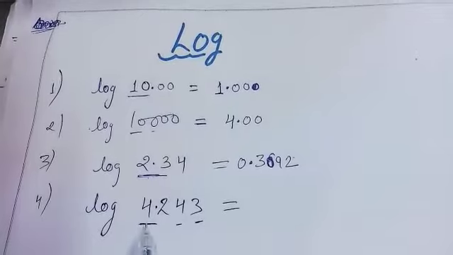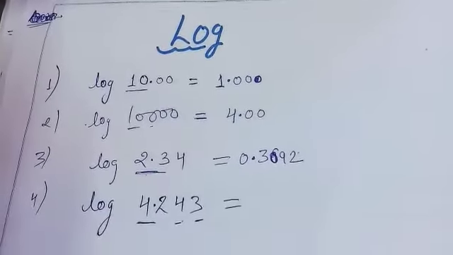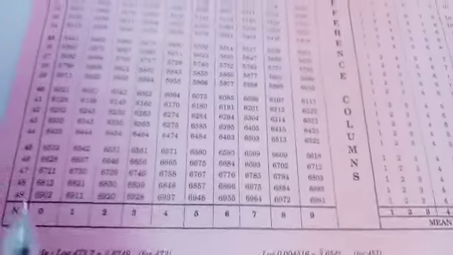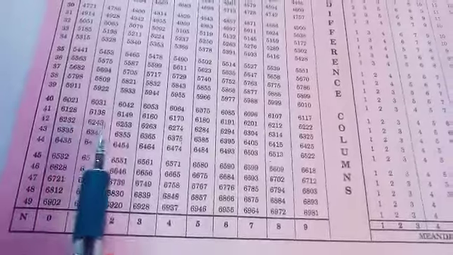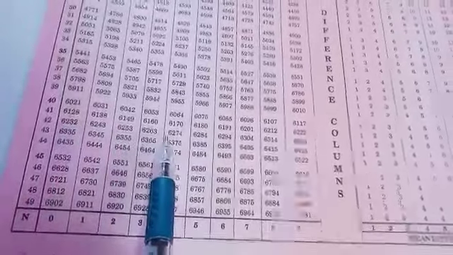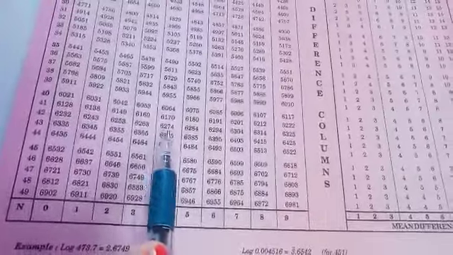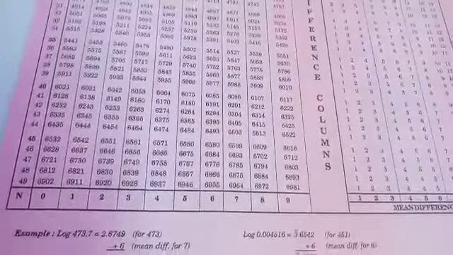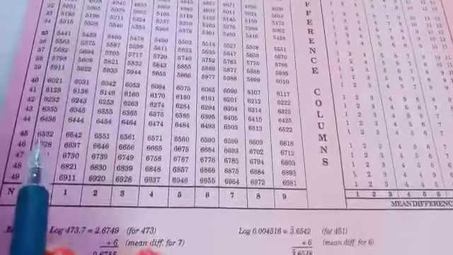So first of all you have to see 42 in 4, so just see 42 in 4. Now check 42, this one is 42, 0 1 2 3 4, so it's a 6274.